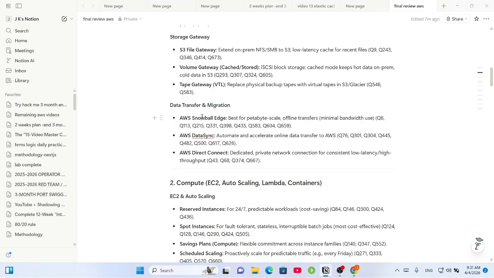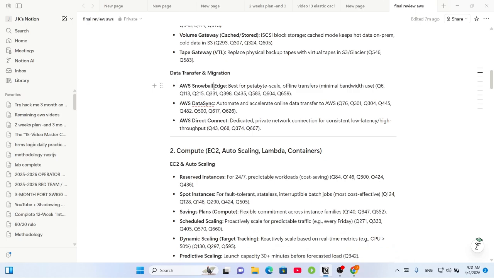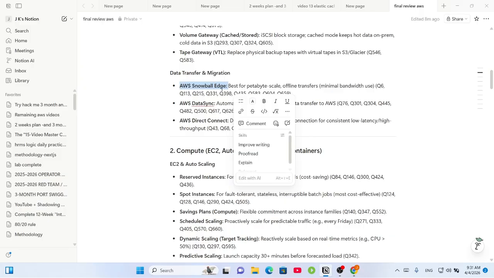And data transfer and migration. So AWS Snowball Edge is best for petabyte-scale offline transfers with minimal bandwidth use. I got 9 questions from this topic, so we have to know one thing about AWS Snowball Edge.